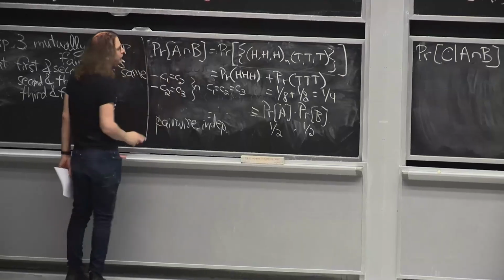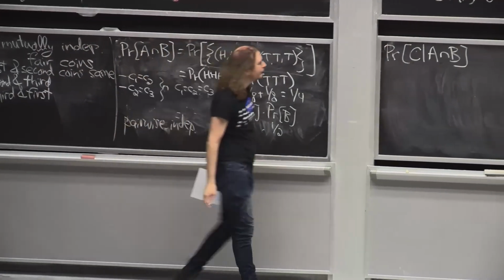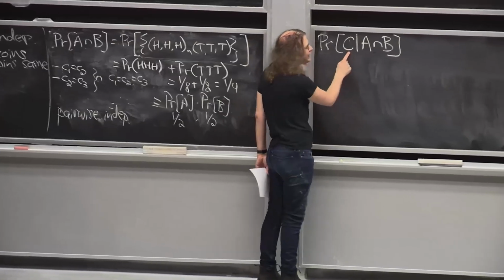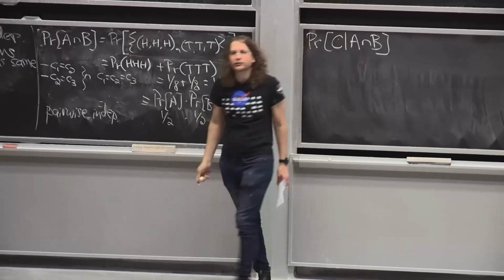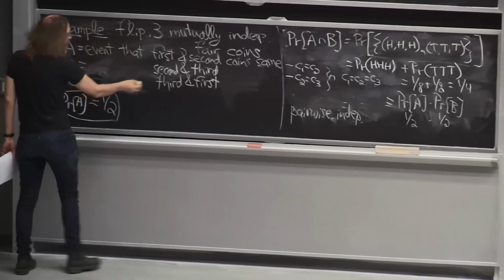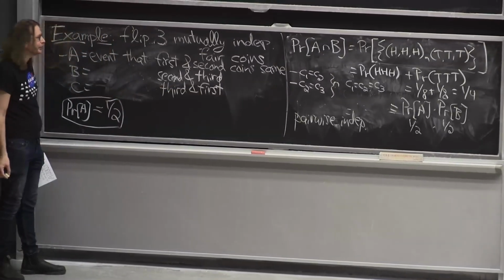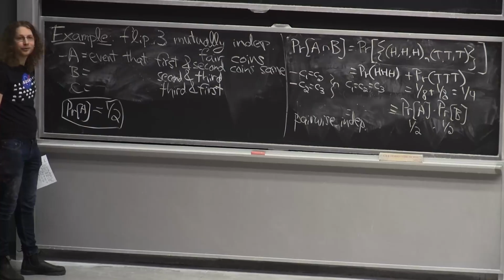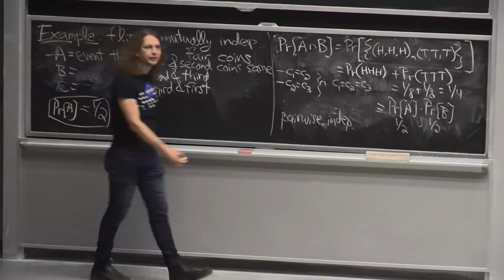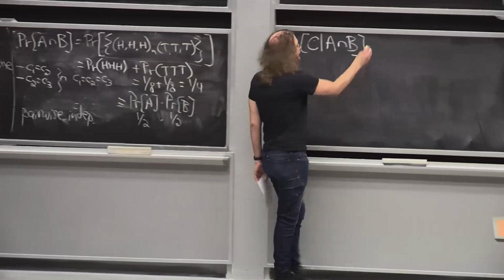It turns out to be equivalent to saying that the three coins are the same. So now, what is the probability of C given that the three coins are the same? C says the third coin and the first coin are the same. So what's this probability? 1, yeah.